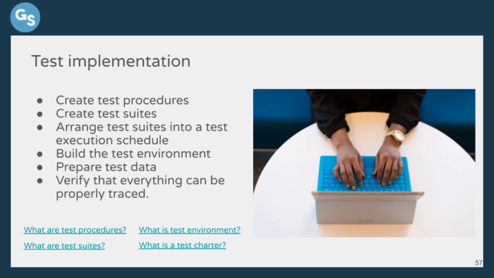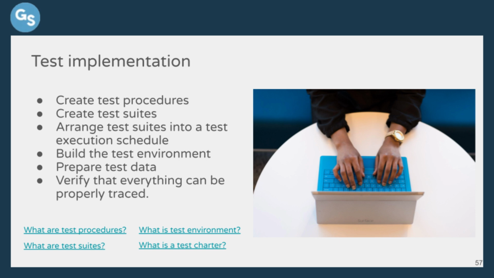During test implementation, testers create or complete the necessary materials for executing tests, which includes organizing test cases into procedures. While test design focuses on how to test, test implementation ensures that everything is ready to run the tests. Key activities in test implementation involve developing and prioritizing test procedures and potentially creating automated test scripts.